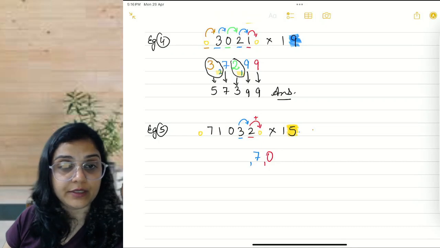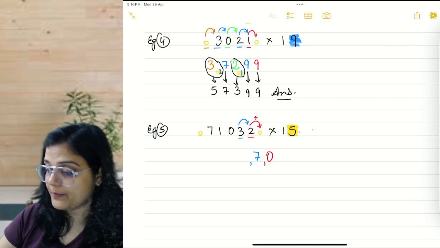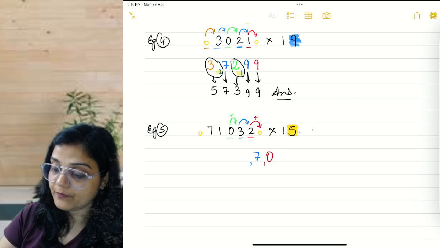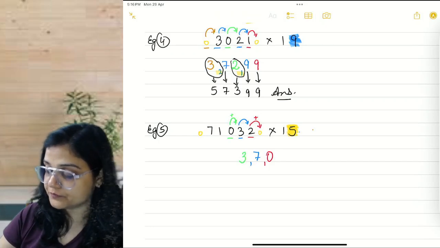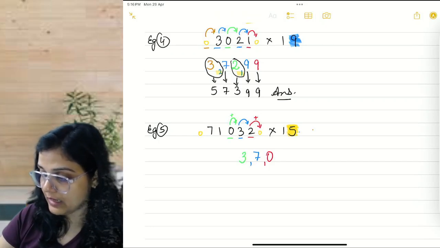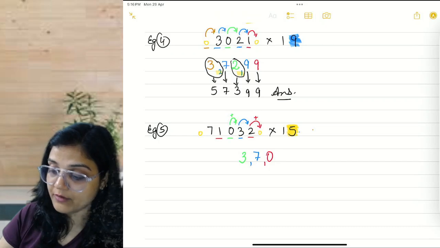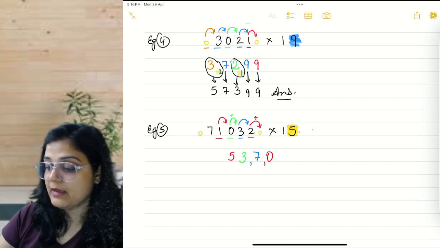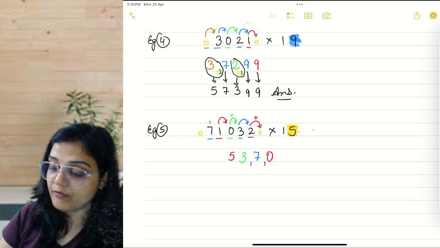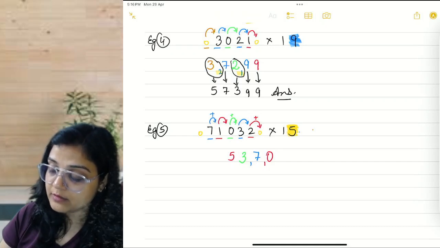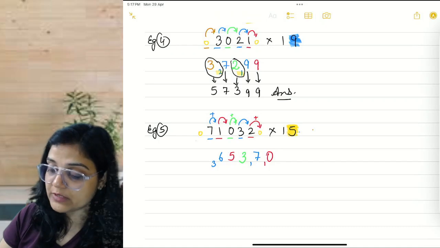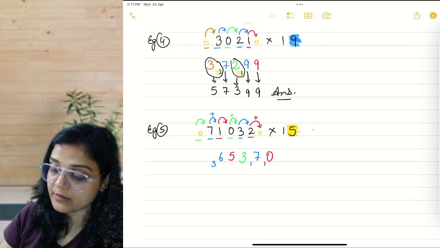Write down 17 as it is. 1 in the carry. 5 zeros are 0, plus 3 is 3. Again 5 ones are 5, plus 0 is 5. 5 sevens are 35, plus 1, 36, 3 in the carry. 5 zeros are 0, plus 7 is 7.